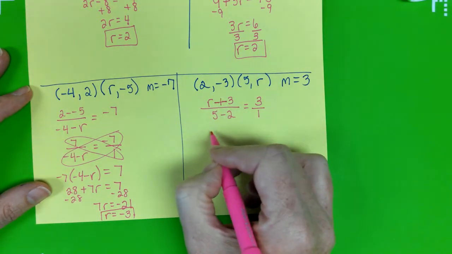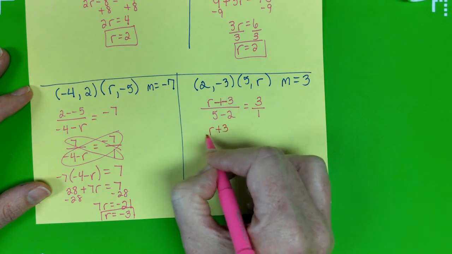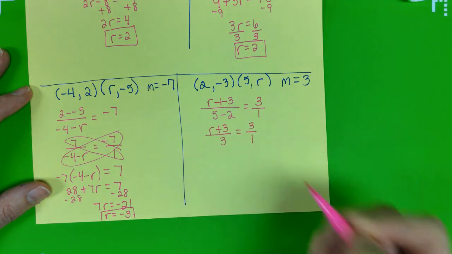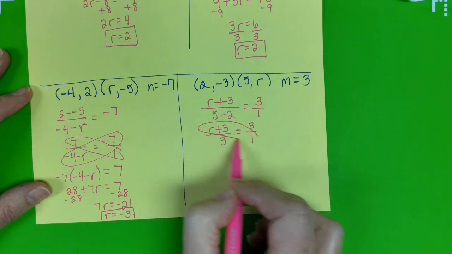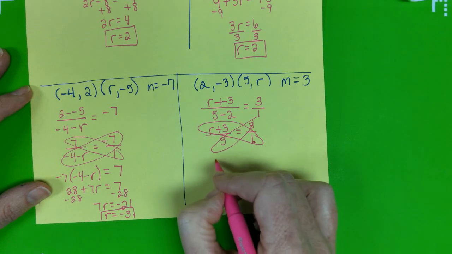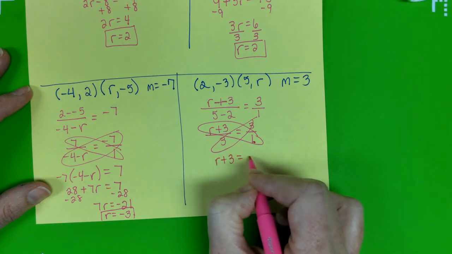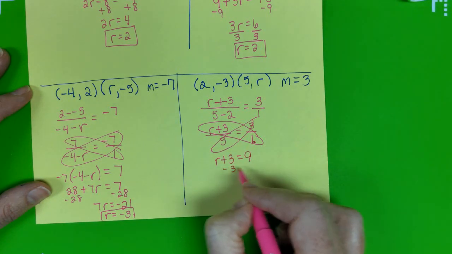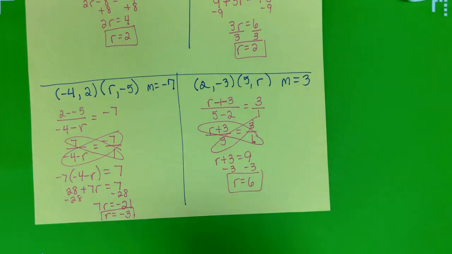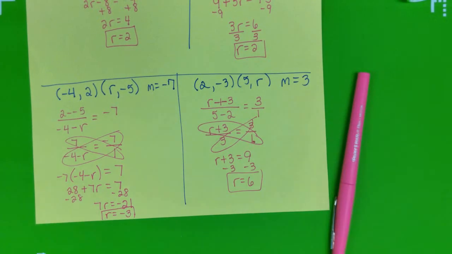We're going to change that to adding, R plus 3 over 3. And then let's do some cross multiplying. Now the good news is, because that's just 1, that's easy. R plus 3 equals 9. And so R equals 6. Now you've got several good examples to look at.